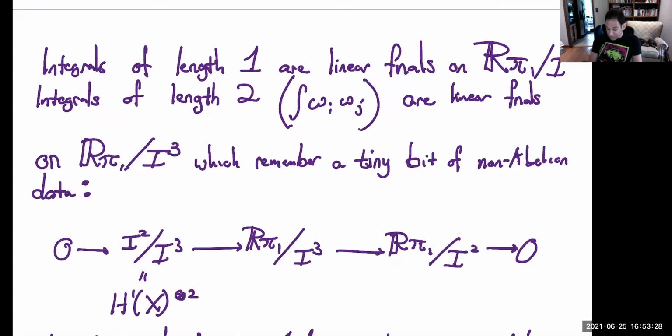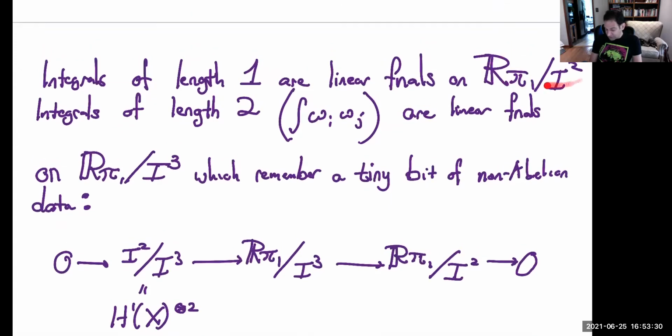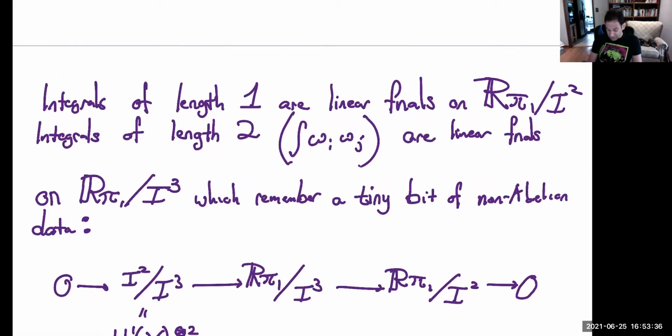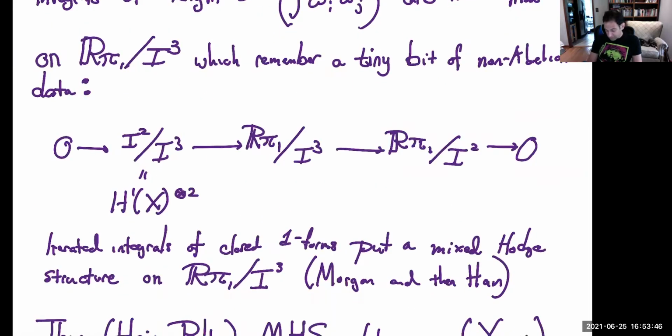And integrals of length 1 are linear functionals on this guy. They only depend on homology. And then integrals of length 2 are linear functionals on the group ring modulo I cubed. So this remembers a tiny bit of non-abelian data. So here is the group ring modulo I cubed. Here's the group ring modulo I squared.